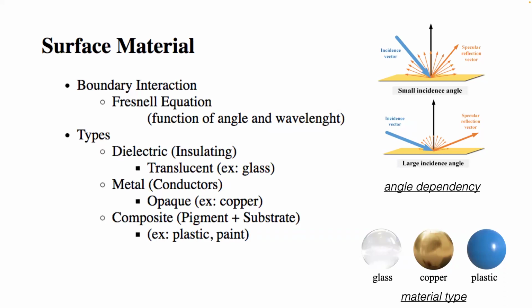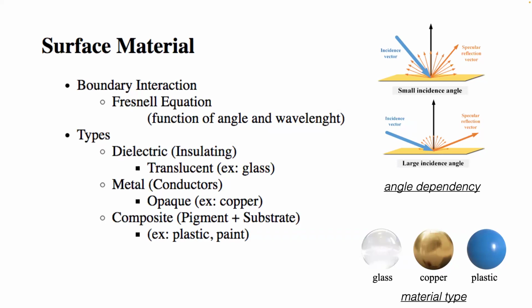Here we see three examples of different materials. The first one is glass, that's dielectric, insulating, and the other is a metal, copper, that's a conductor, and then you have this plastic material with a plastic cover and some dye inside that gives the color of the material.